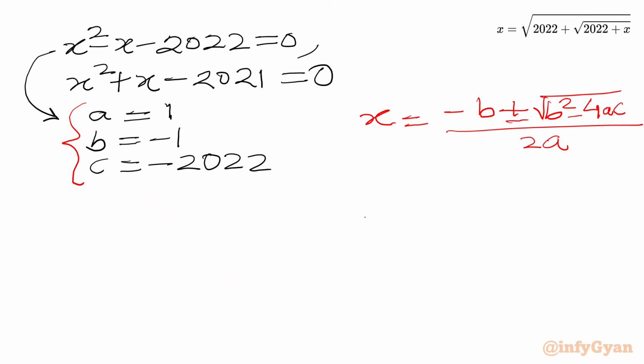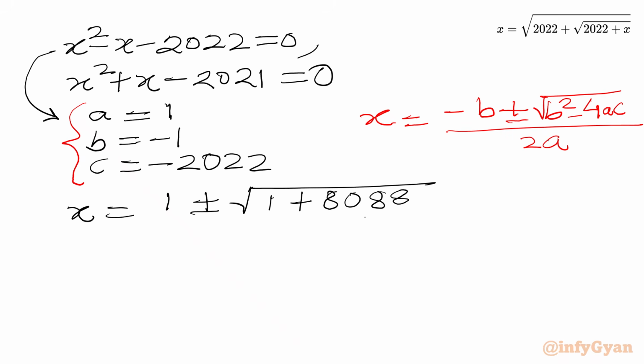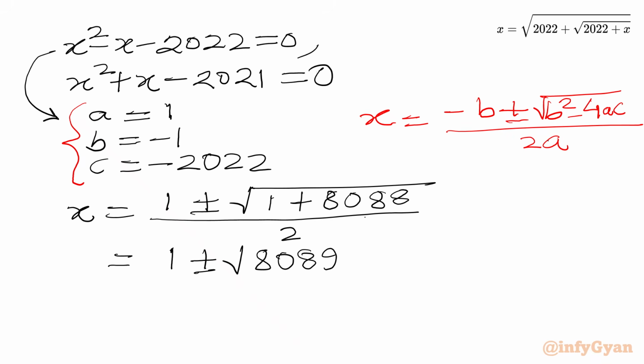Let's figure out the solutions of the first quadratic equation. I will write x equal to minus b, so minus of minus 1, 1, plus minus square root of b square, minus 1 square is 1, minus 4 times 1 times minus 2022. We will get 8089 over 2 times 1, so 2, which will be equal to 1 plus minus square root 8089 over 2. So we have first two real solutions.